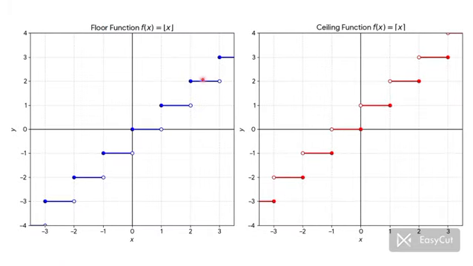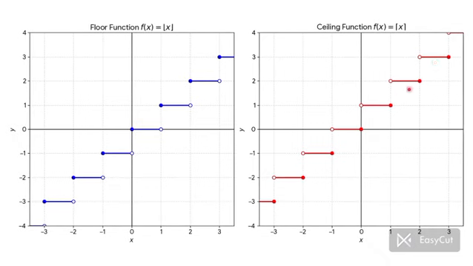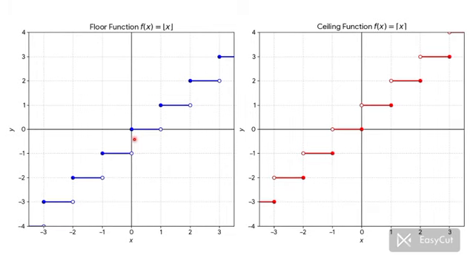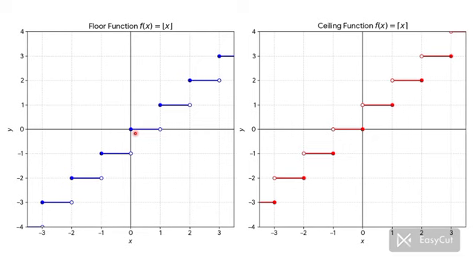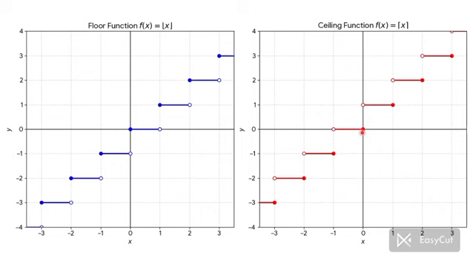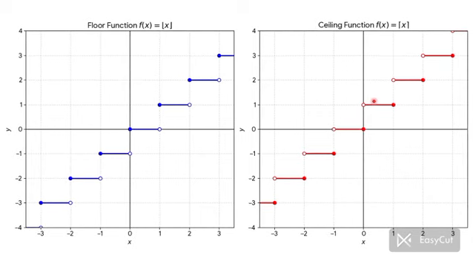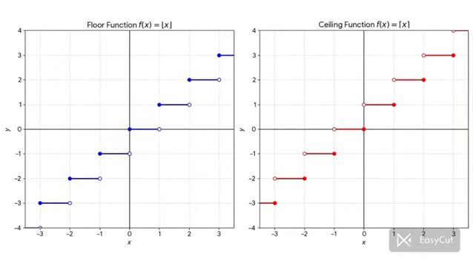The floor function goes downward, the ceiling function goes upward. You tell me, what is the value at 0 in the floor function? It is 0. And what is the value in the ceiling function at the point 0? It is 1. So this is the difference at the integers.